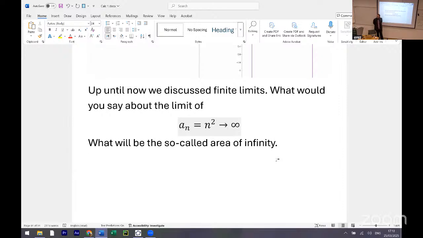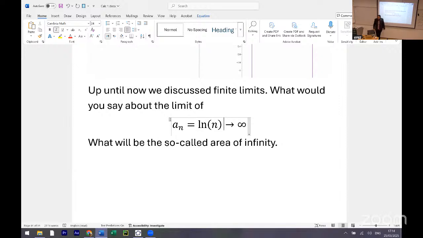Why is this sequence close to infinity? Maybe it will help if I write ln n instead of n squared. It seems too obvious. Now it's much less obvious, right? Why does ln of n tend to infinity? Now you're not even sure it's true.